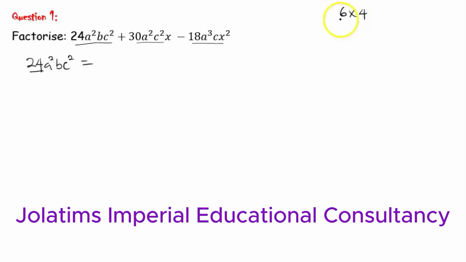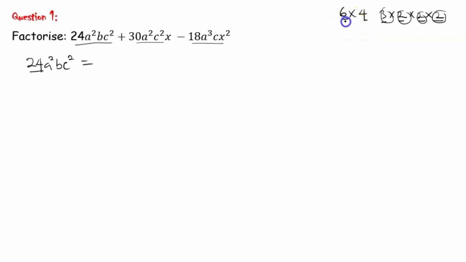In 6 I can also have 3 times 2, and in 4 I can also have 2 times 2. So you try as much as possible to express it such that you won't be able to get any factor in any of these factors that you have listed again. That's exactly what we'll be doing.